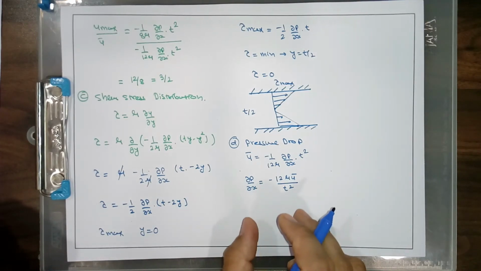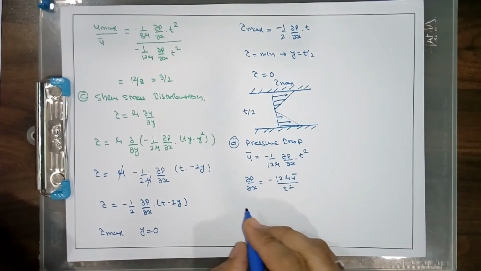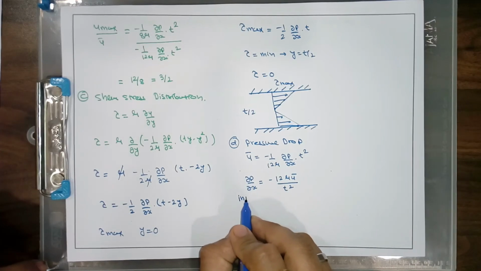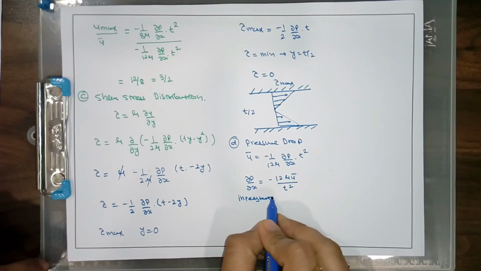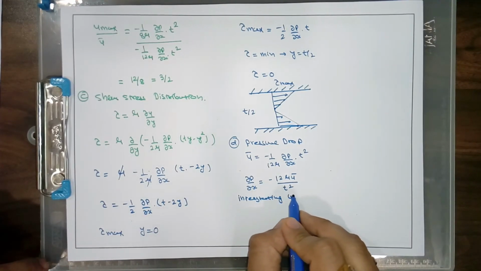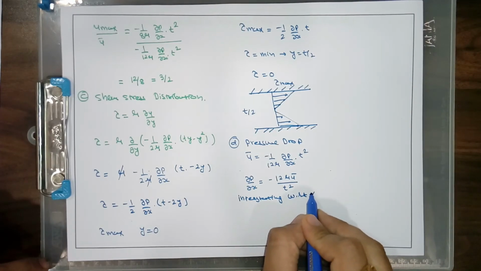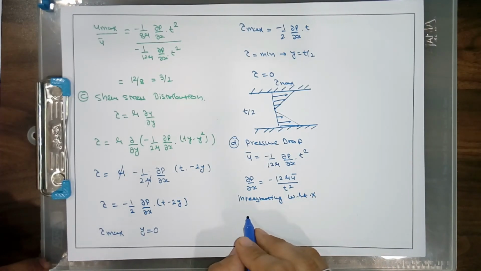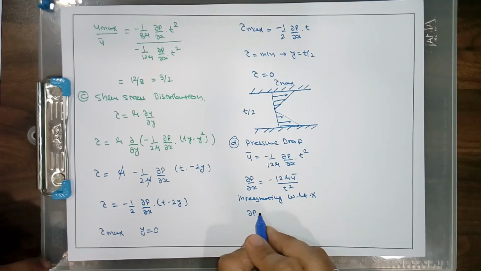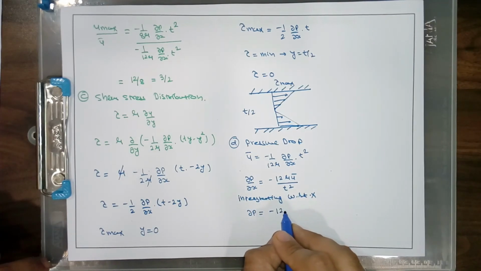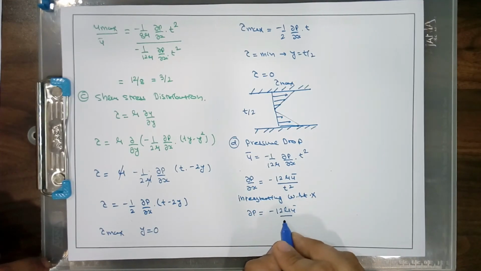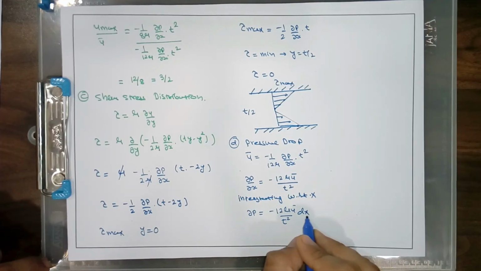Now we integrate this expression with respect to x. So integrating with respect to x, we get ∂p equals -12 μ u-bar upon t² into dx.